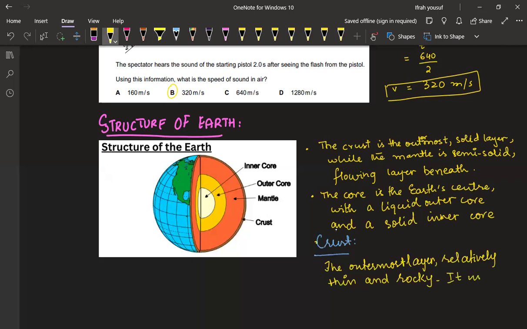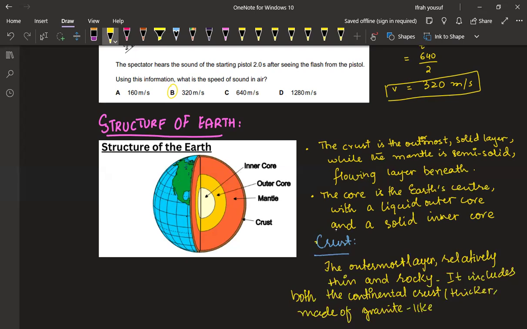That includes both the continental crust, which is thicker, made up of granite-like rocks.